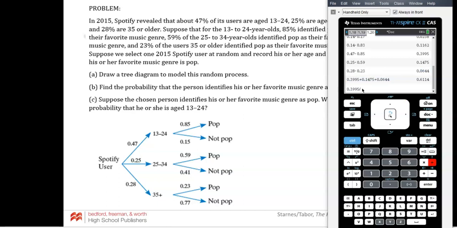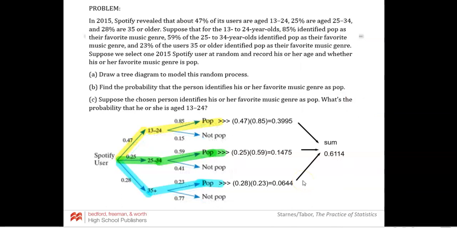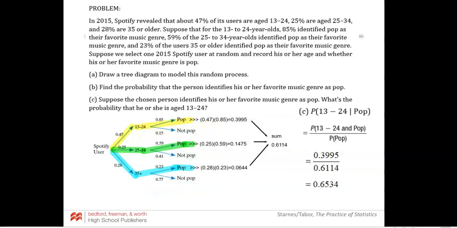So that divided by the 61%, which is pop, should be our answer. So it should be 65%, I believe. Let's see what they got. So yeah, you add those up to get 61.14%. And then you take the pop for the young folks divided by the pop for everybody, and you get 0.6534.